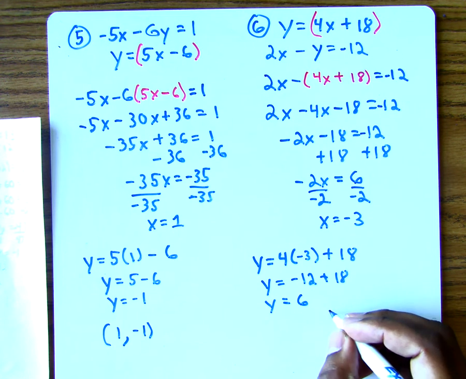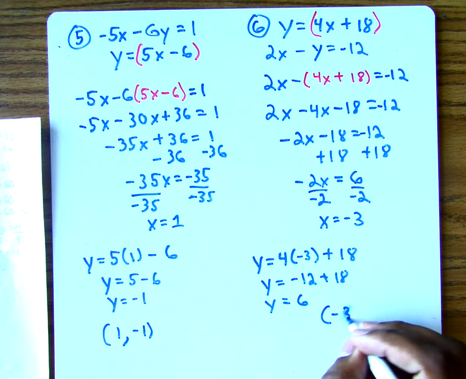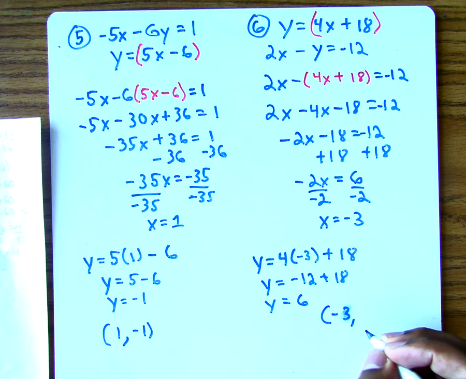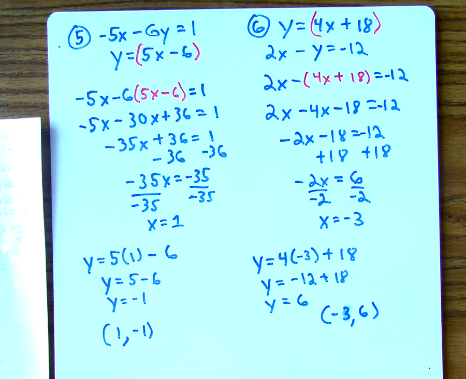So my coordinate here is x, which is negative 3, and y, which is positive 6.